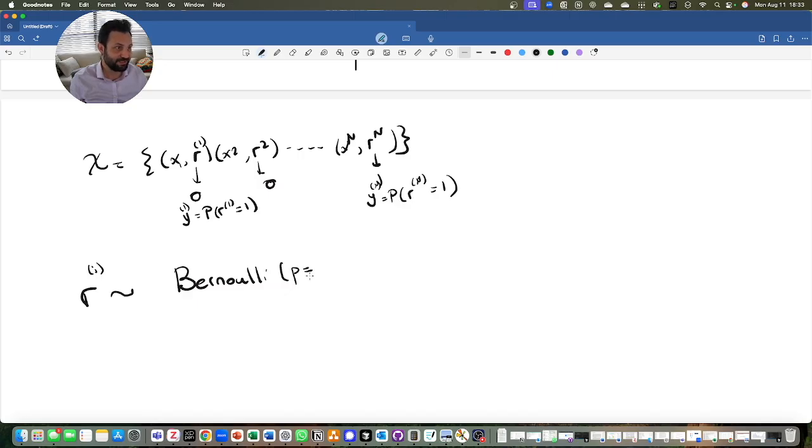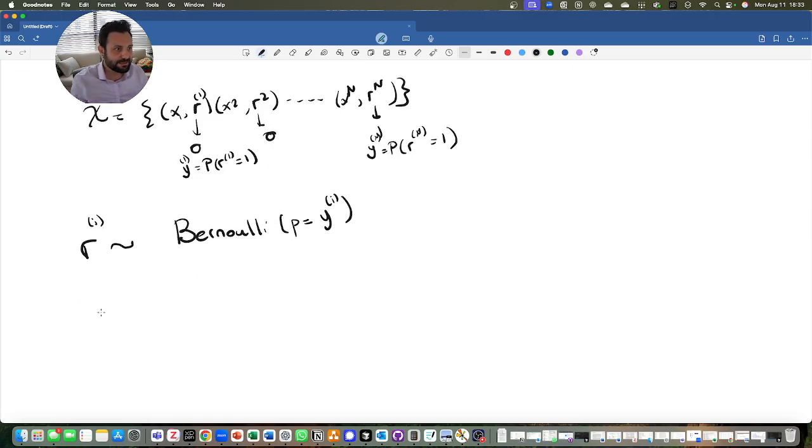So I'm going to call it P equals yi, right? A Bernoulli random variable is like the coin toss. And if you have many Bernoulli random variables, you're talking about a binomial distribution. And this binomial distribution has its own likelihood function.